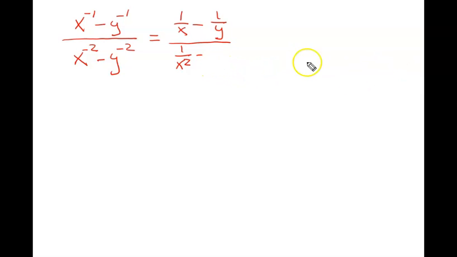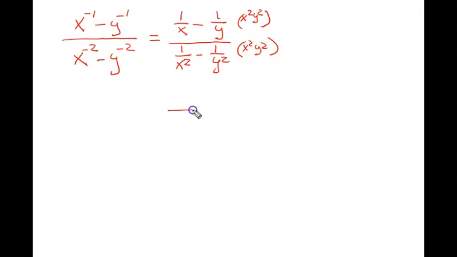Let's write that properly. So what would my common denominator be here? Well, to get rid of all these, I'm going to have to multiply this by x to the second, y to the second, x to the second, y to the second.